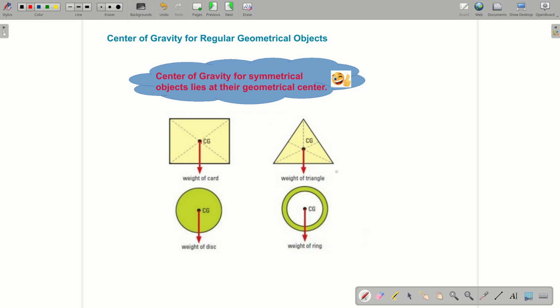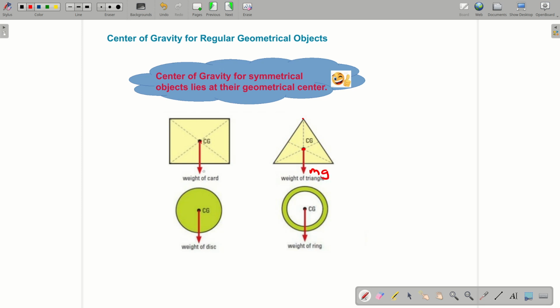For example, for this triangle, if I hang it from here, it will hang this way, draw a line, hang it from here, it will hang that way, draw a line, and the third, where those lines intersect would give me an overall good idea of where the center of gravity is. But we will often use geometrical objects, and we will know the center of gravity is in the center, and we'll show the weight right in there.